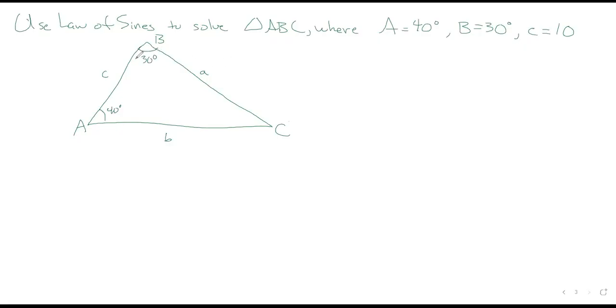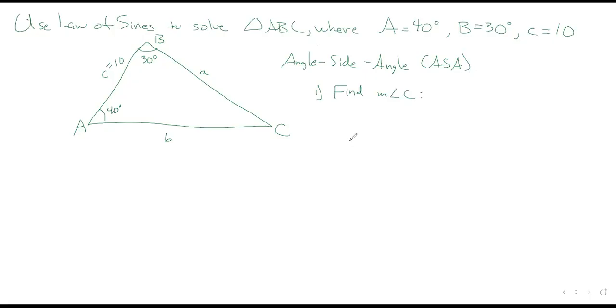And in order to have an angle side angle situation, the included side between the angles has to be known. And that's what we have here. We have 10. So we do have an angle side angle situation, which is sometimes abbreviated ASA. And we may be able to use the law of sines. So first thing we're going to do is we're going to find the measure of angle C.